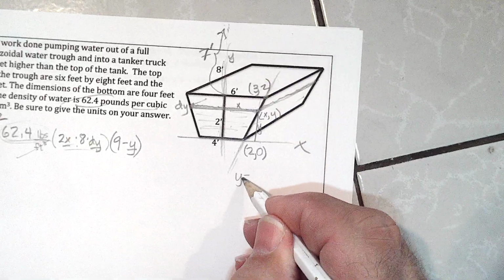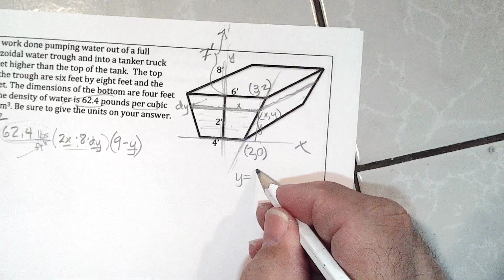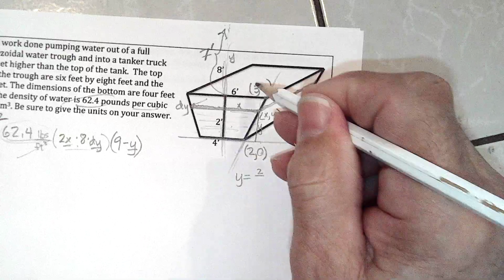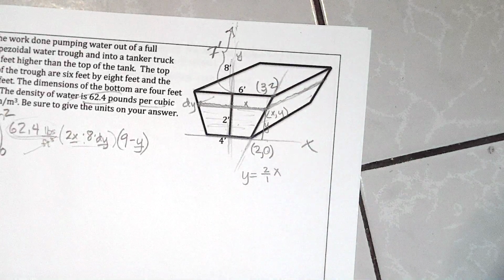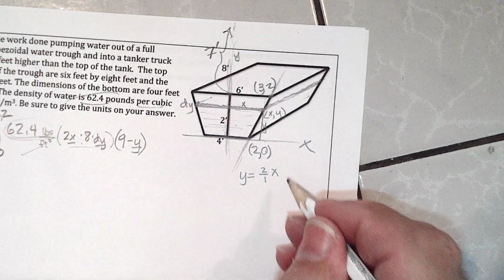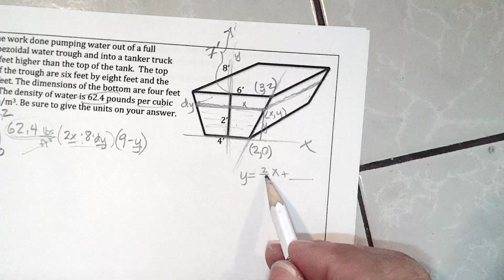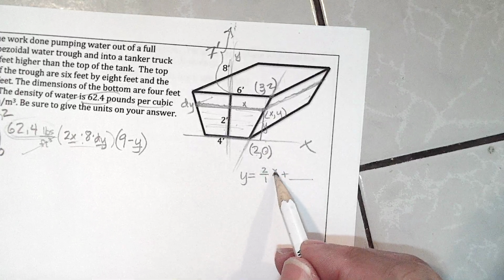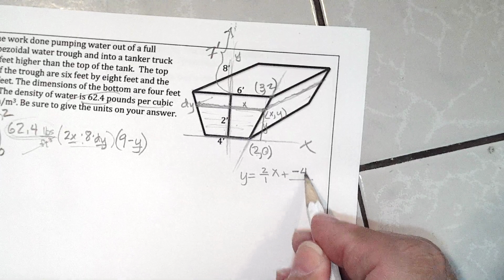So it's y equals, see the slope. 0 to 2, it rises 2 as it runs from 2 to 3, which is 1, times x. So it's y equals 2x plus something. And if I put 2 in, I'm supposed to get 0. If I put 2 in here, 2 times 2 is 4. So this would have to be minus 4.